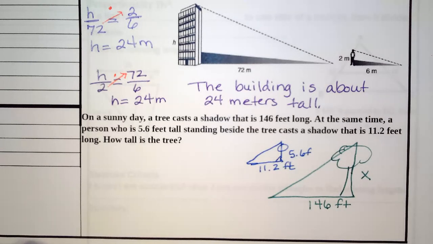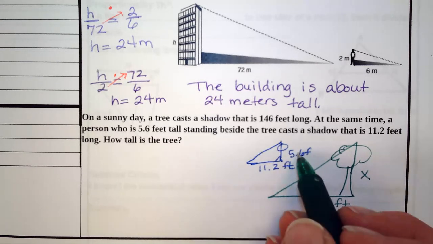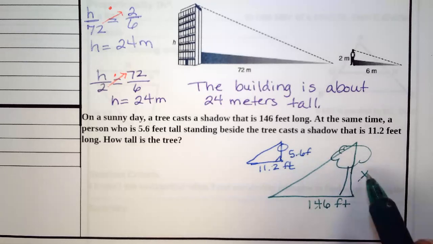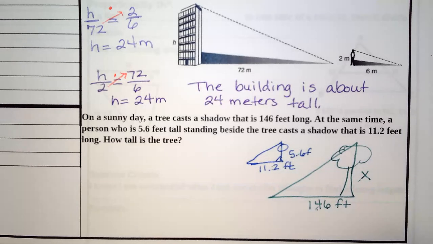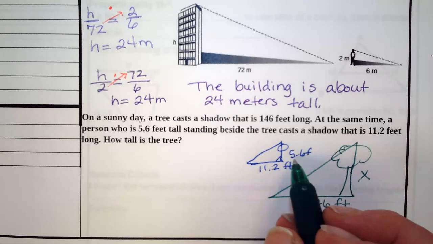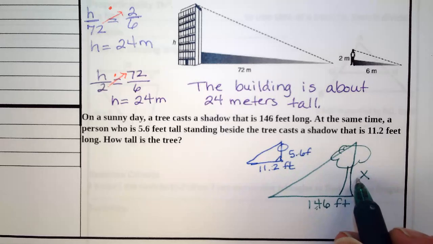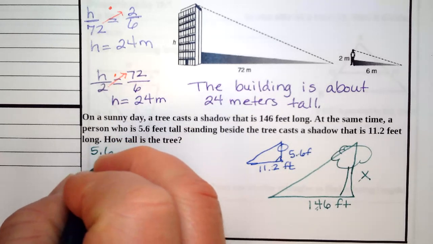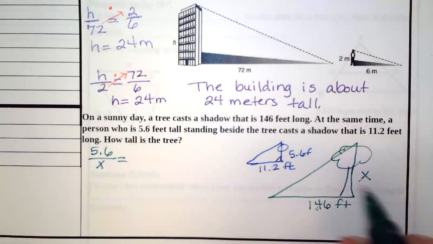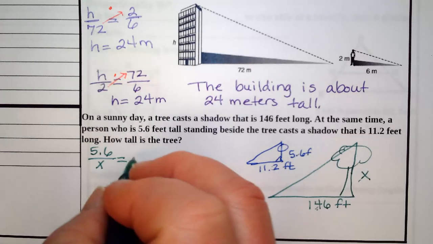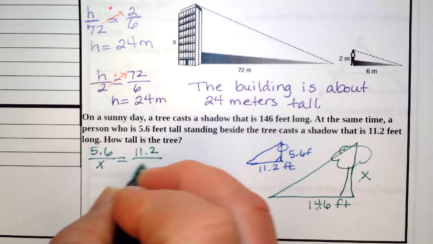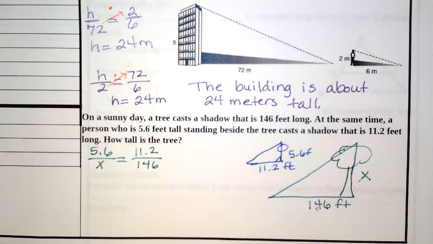Now I set up my equivalent fractions, those ratios. Once again, you can go from side to side on your triangle, or from triangle to triangle. Last time we went side to side first, so this time we're going to go triangle to triangle. 5.6 over x equals 11.2 over 146.